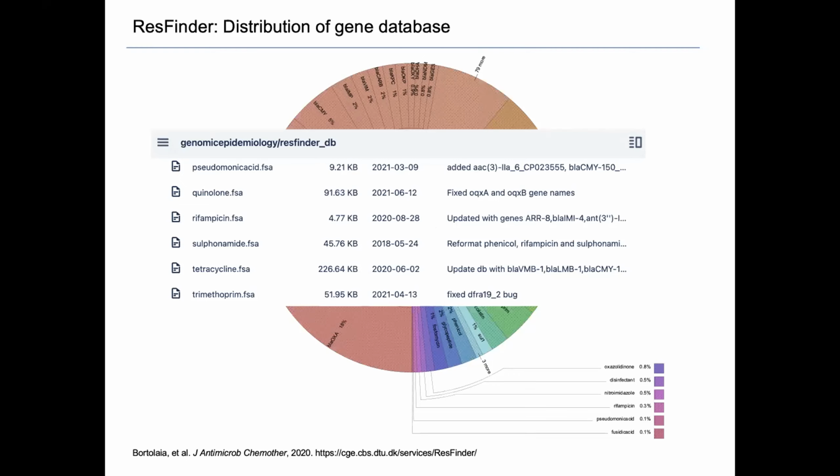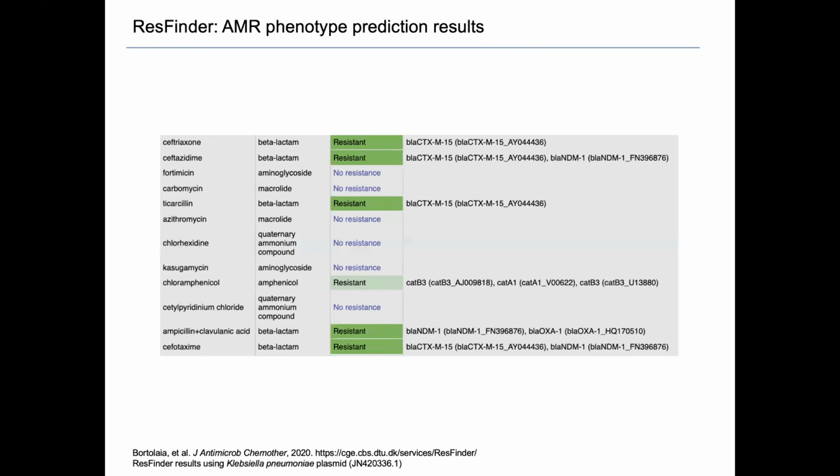In addition to this, they also have a step-by-step guide on their website about how to submit and interpret these results. And so I'll just give you a sneak peek here. When you submit a DNA sequence to ResFinder, it will provide you with a phenotype result describing which antibiotic and antibiotic class your sample is predicted to be resistant to, and then also provide gene descriptions for the reasons why. So for example, here, CTX-M-15 confers resistance to ceftriaxone, ceftazidime, and tigecycline.